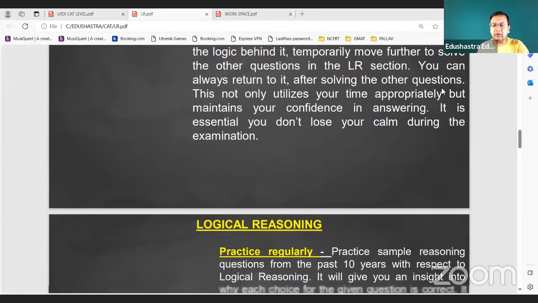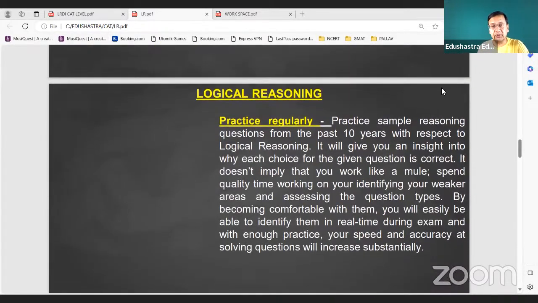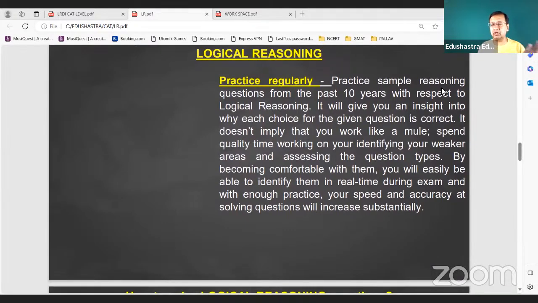Now, practice regularly. In logical reasoning, there is no formula, unlike geometry, algebra, arithmetic, all those topics. This is just like the reading comprehension of English. As much as you practice, you will get mastery. So just try to solve the previous year papers, and I have picked the questions from the previous year papers so that you can have a good understanding of the examples and of the paper level difficulty.